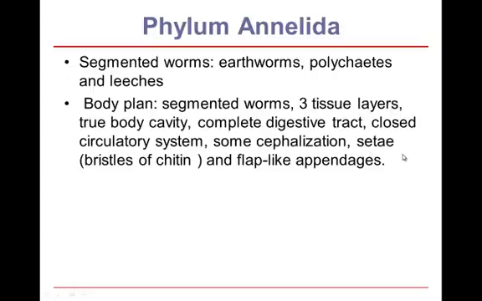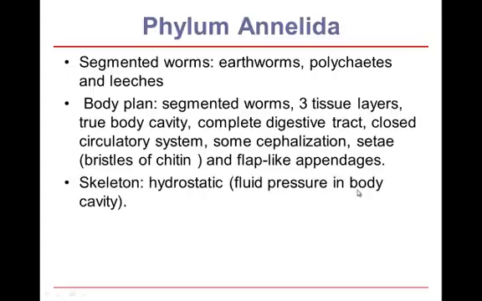And we also have two features which are really important in classifying the three groups of segmented worms, and those are setae, which are little bristles of chitin, and then we have these flap-like appendages that are called parapodia, P-A-R-A-P-O-D-I-A, parapodia. And so some of these worms have one or both of these features, some have none.